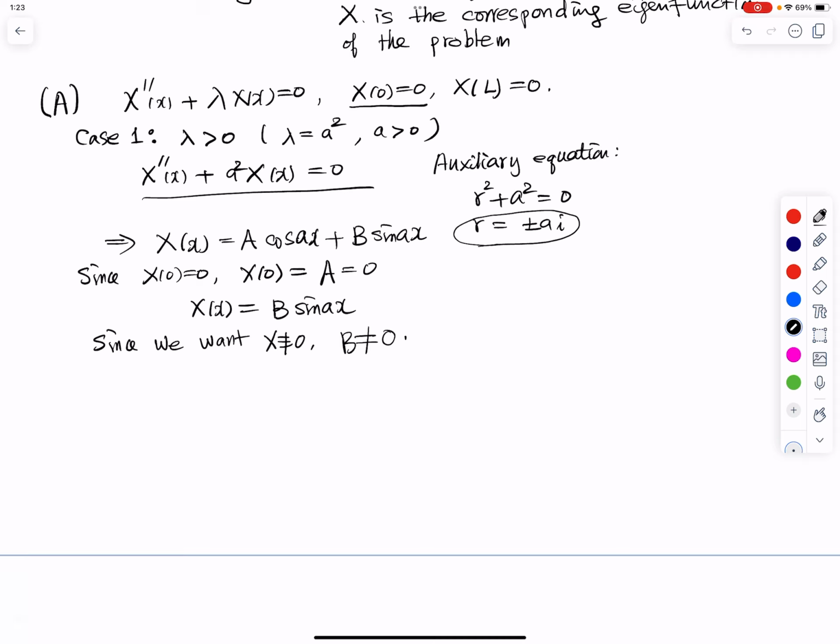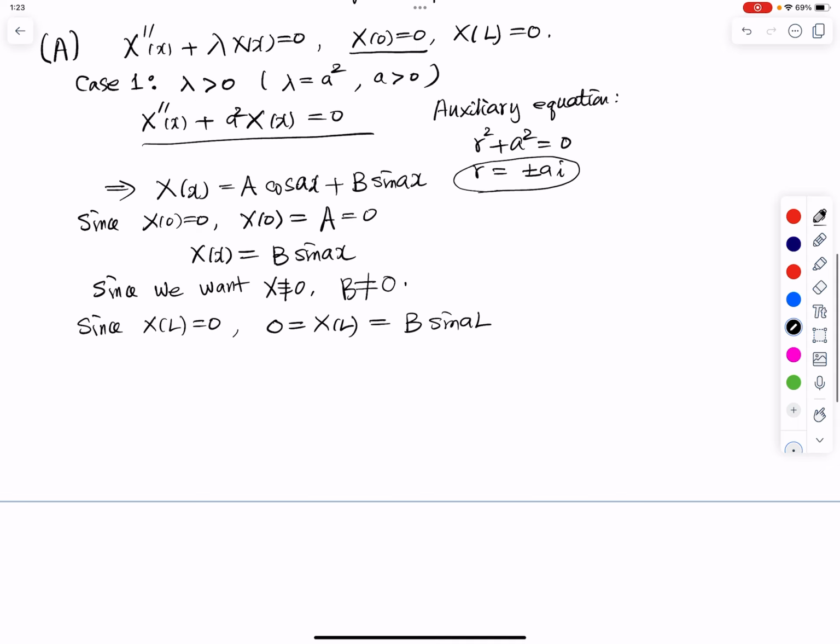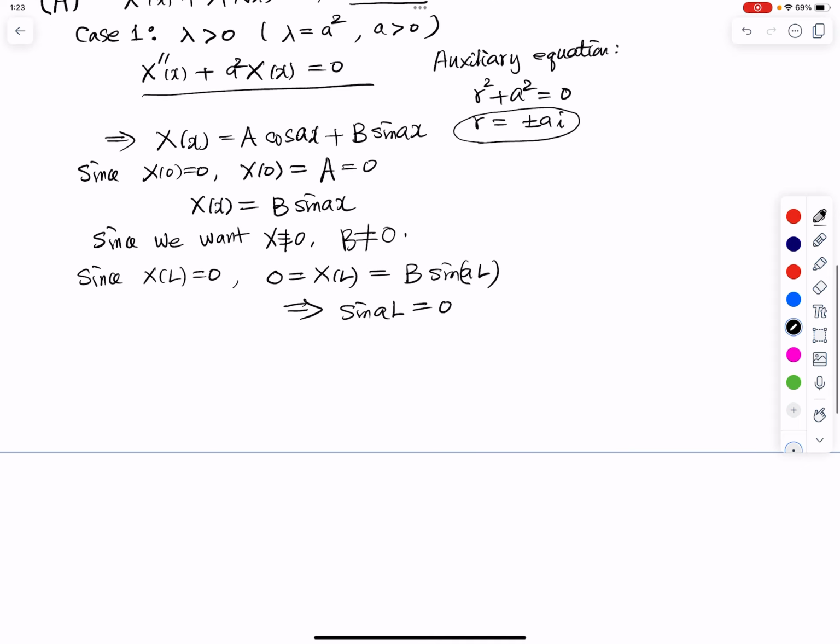We also have the condition x(l) equals 0. That implies 0 equals x(l), which is b sine al. Since b is non-zero, that implies sine al equals 0, so al should be k pi.